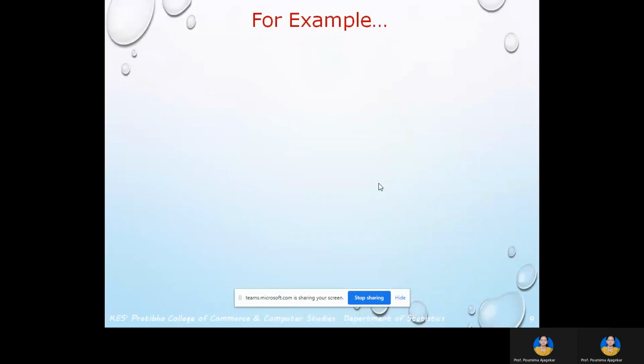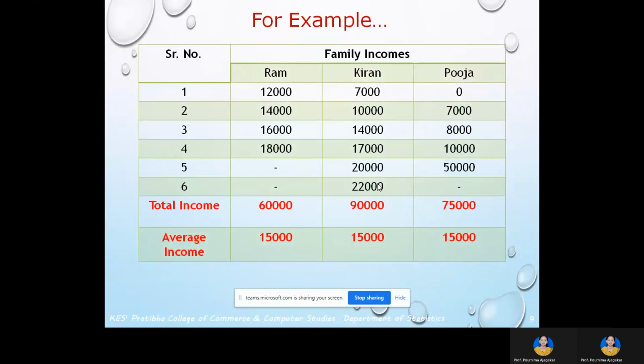For example, consider this data. Suppose 3 friends, Ram, Kiran, and Pooja, are chatting over tea, and they are discussing their family incomes. There are 4 members in Ram's family, and the average income per member is 15,000.